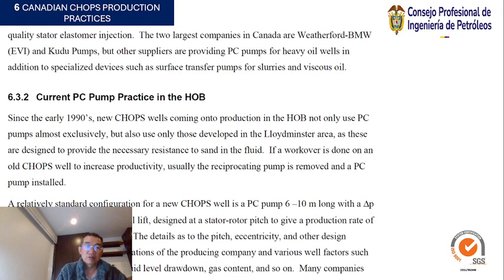A relatively standard configuration for a new CHOPS well is a PC pump 6 to 10 meters long with a delta-P capacity of 1,000 meters of differential lift, designed at a stator rotor pitch to give a production rate of between 10 and 50 barrels per 100 rpm.